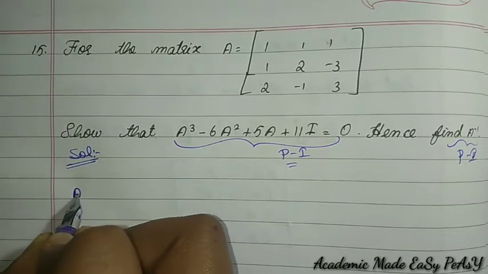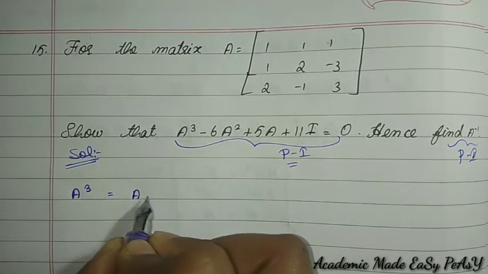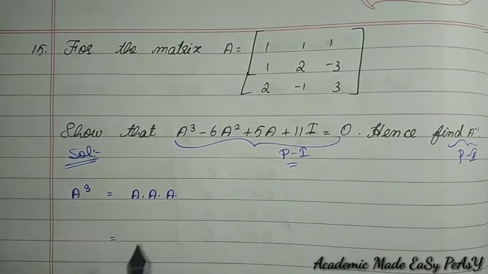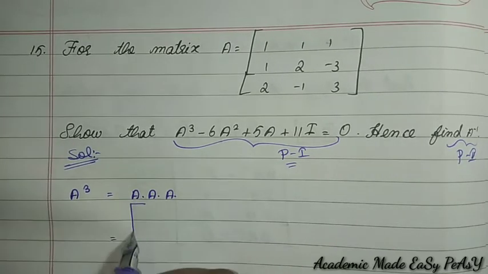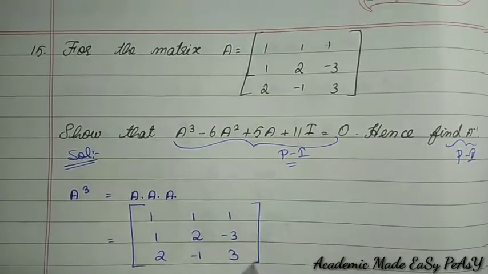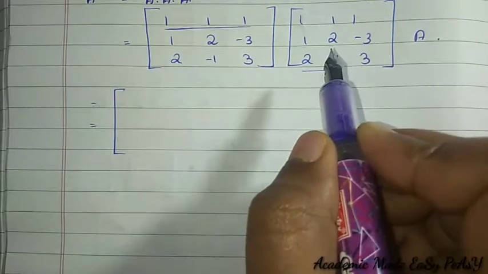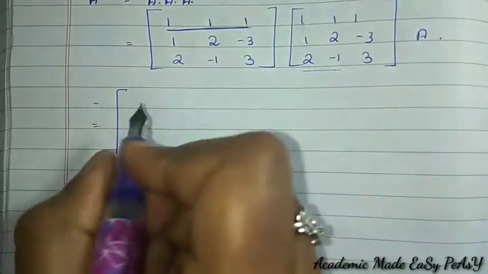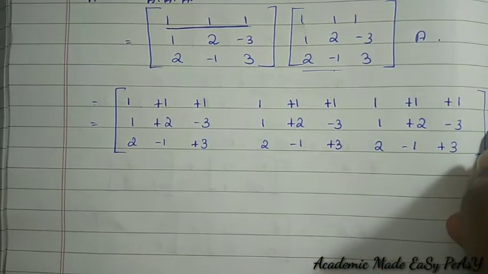So first we have to find A cube. A cube can be written as A into A into A. So what I will do is take the A matrix twice. First I will find A square, which is A into A. First I will be taking the rows of the first matrix and multiplying with the columns.